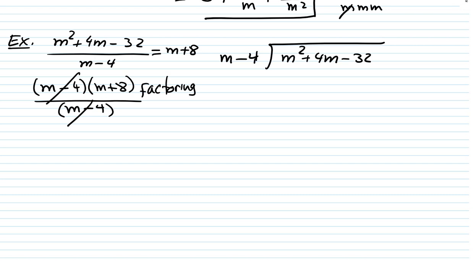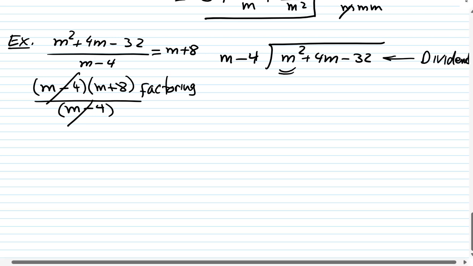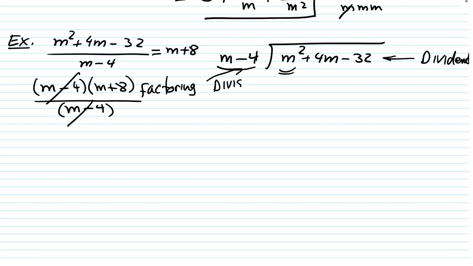When we do long division, you divide the first term in your dividend. Remember, this is your numerator, or dividend, and this is your divisor. The divisor is the denominator. Just like in stocks, you get a dividend, and you have a divisor.